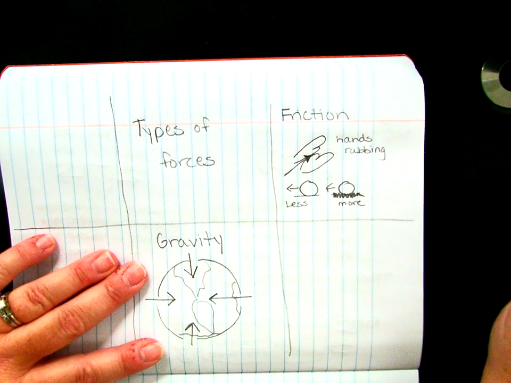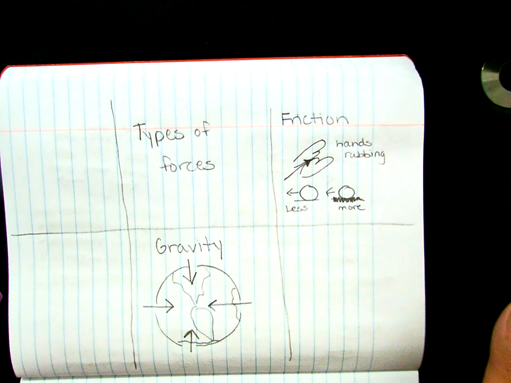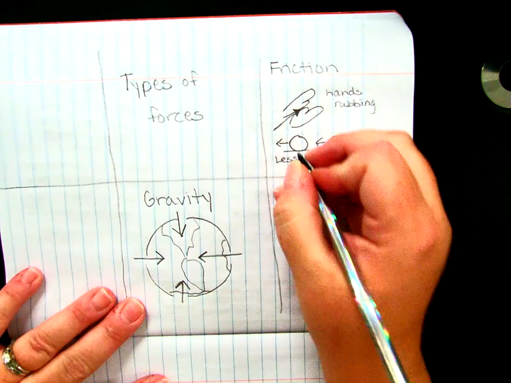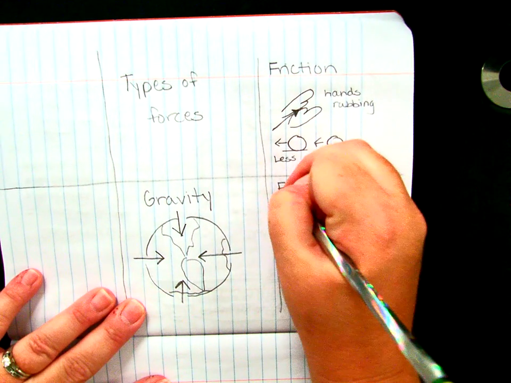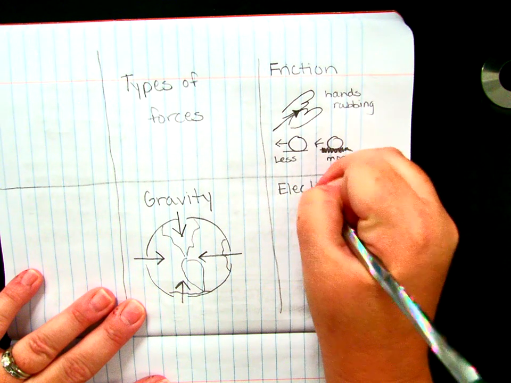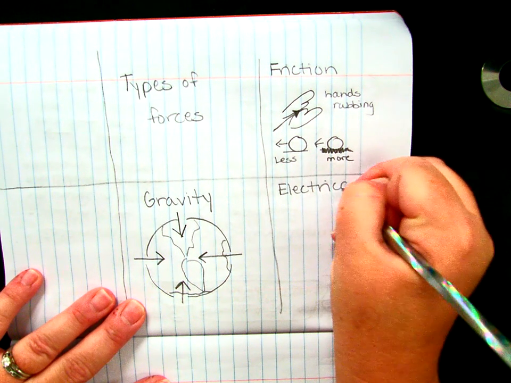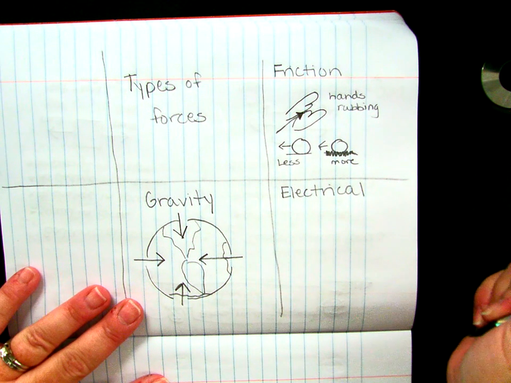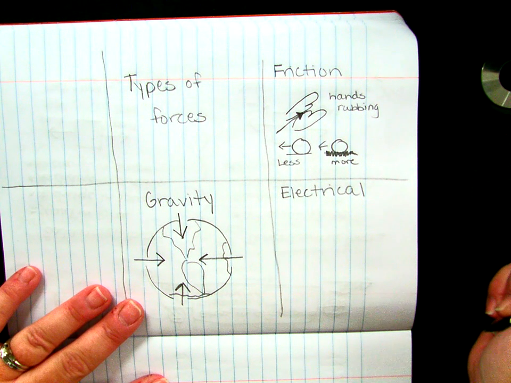Let's go right down here. Let's write electrical. Now I know we don't think of electricity as being a force, but I want you to think about static electricity, especially right now with the weather changing outside. You go to touch metal and you go, ah, it shocked me. That's actually electrical friction.